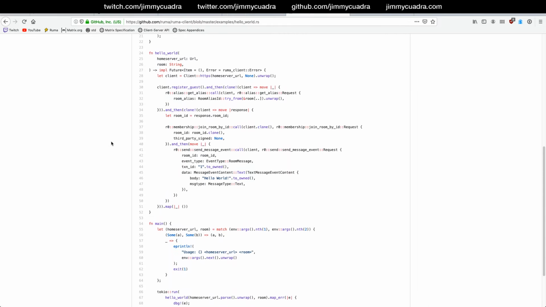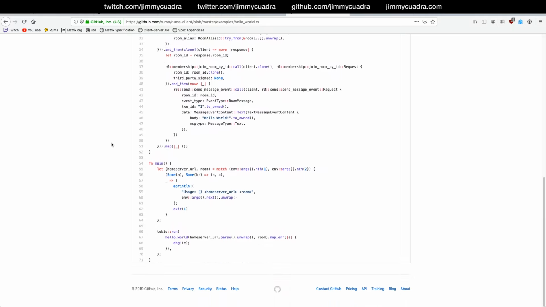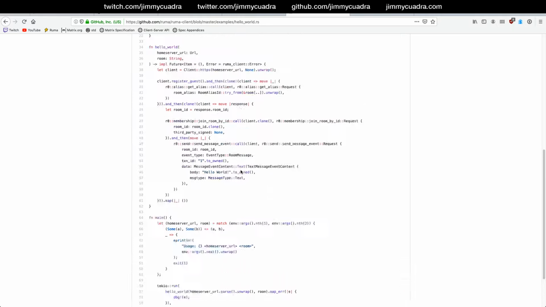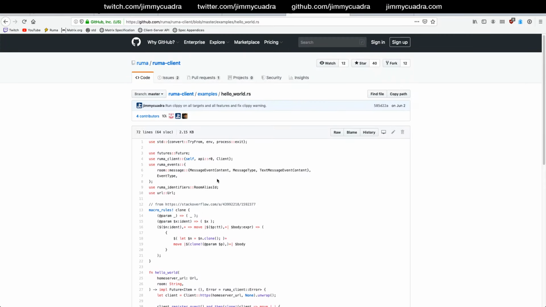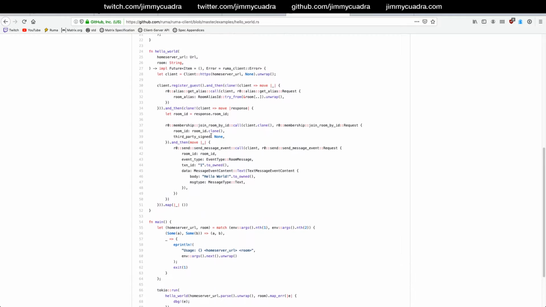But take a look at this example. If you haven't used Rust before, this will probably be too difficult to understand. But basically what's happening here is we're using the Ruma client library to connect to a Matrix home server and essentially run some commands against it.